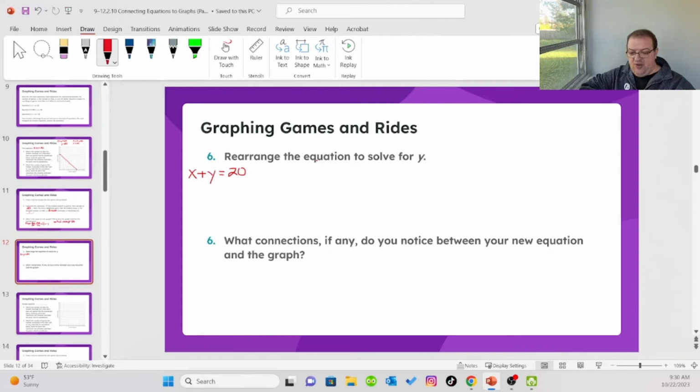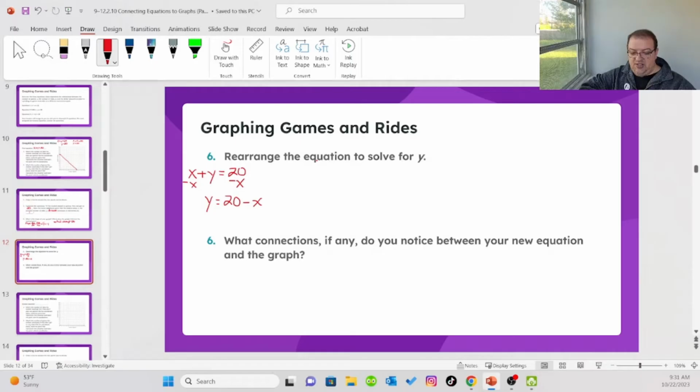I need to get rid of the x on the left, and if this is positive x, then the opposite is minus x, because now x minus x equals 0, and it goes away. But if I subtract x from the left side, I also need to subtract x from the right side so that my equation stays equal. So now I have y equals 20 minus x.